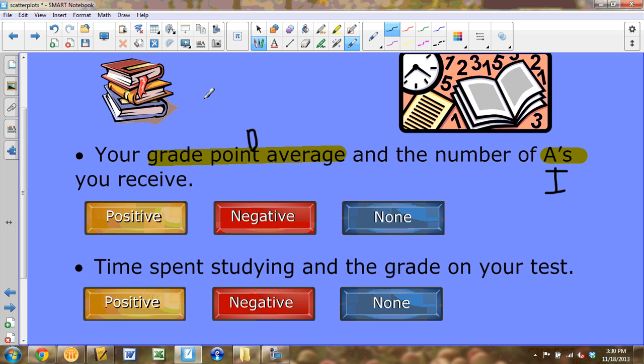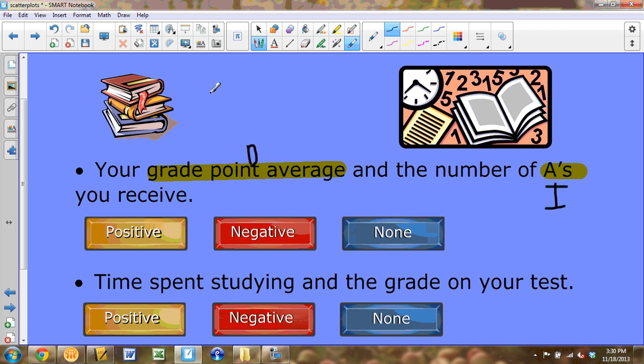Independent, dependent. Now, a correlation: if both values go up, so if my independent value goes up and that also causes my dependent value to go up, then I have a positive correlation. If my independent variable goes up and my dependent variable goes down, that is a negative correlation.